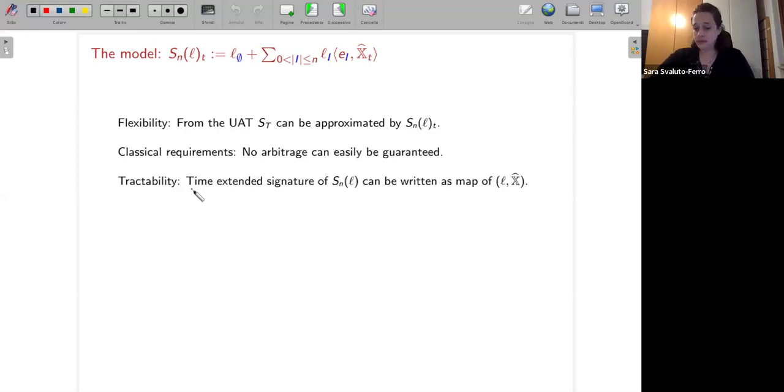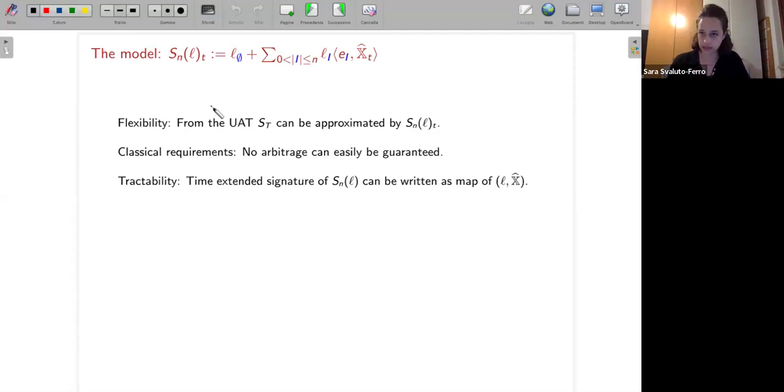You know that this is tractable because the time extended signature of your model can be written as a map of the coefficients and of the signature of the original process. What does it mean? Imagine that you get your price process and you want to know its moments.